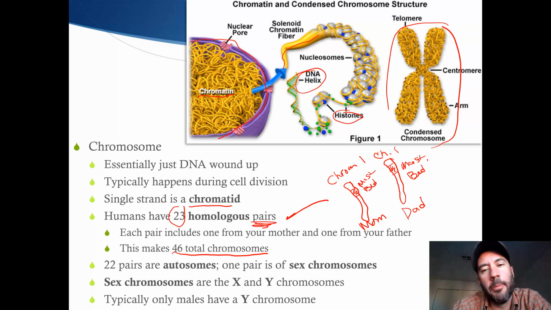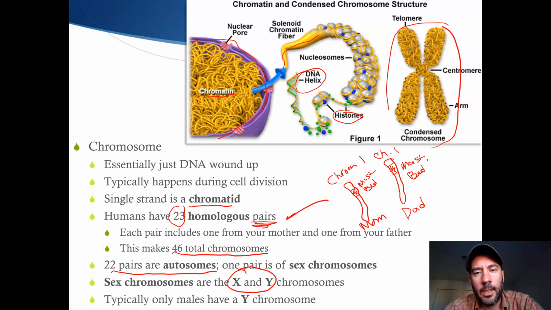Now, of those 23 homologous pairs, 22 of those pairs are what we call autosomes. An autosome is any kind of chromosome except for a sex chromosome. A sex chromosome is an X or a Y chromosome. When we talked about gender, we talked a little bit about sex and gender.